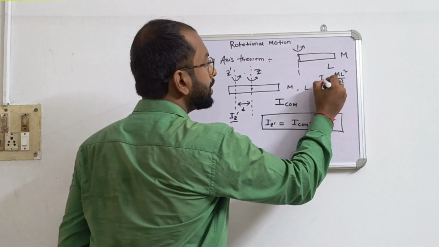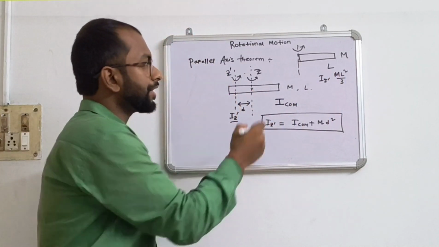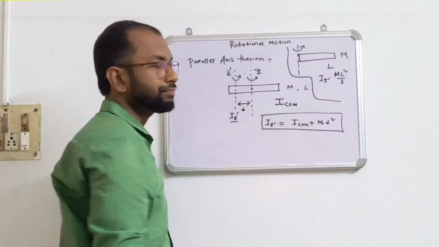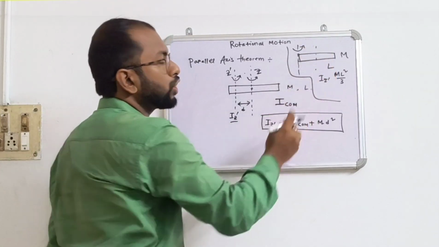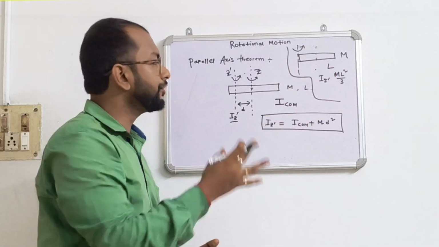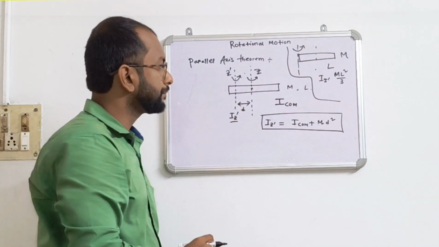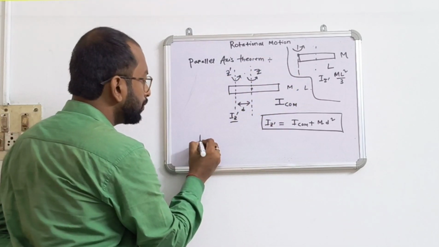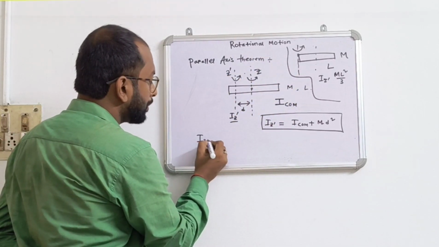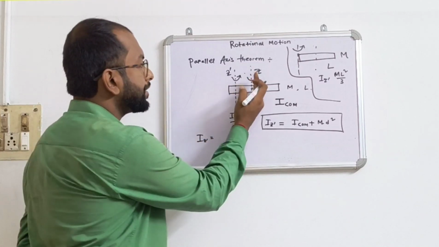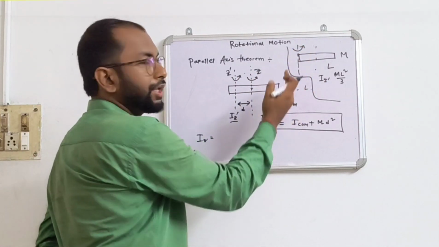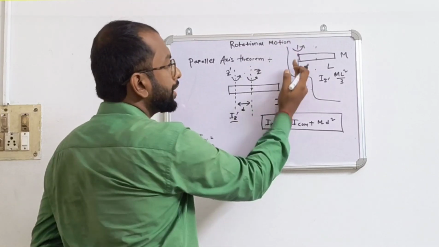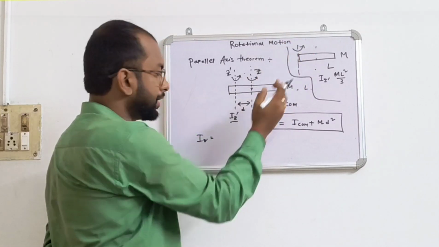That is Iz dash in this example. So with respect to the center of mass, or the middle point, we do not know the moment of inertia. We can find it using that theorem. Now from the center of mass, the axis is shifted by L by 2, and only then will we be able to go to the extreme point and find the rotational property with respect to the one extreme end.